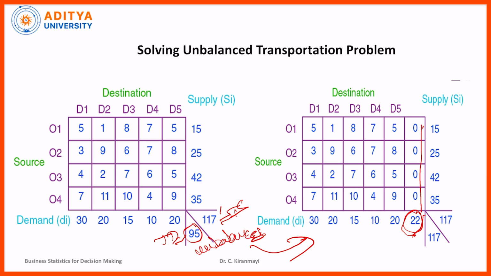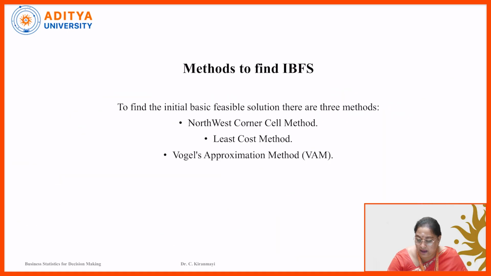This is how we can transform an unbalanced transportation problem into a balanced one. After transforming, we can proceed as we solve a balanced transportation problem to find the optimum solution.